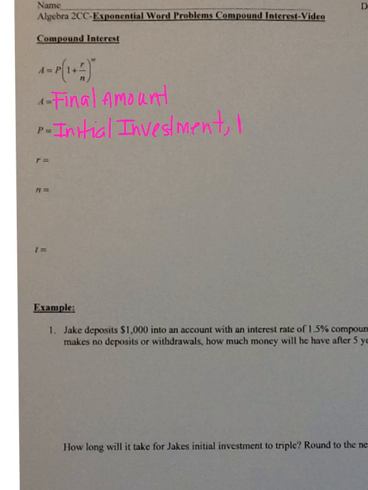It's also called the principal. It's the starting value. R is your rate, expressed as a decimal.